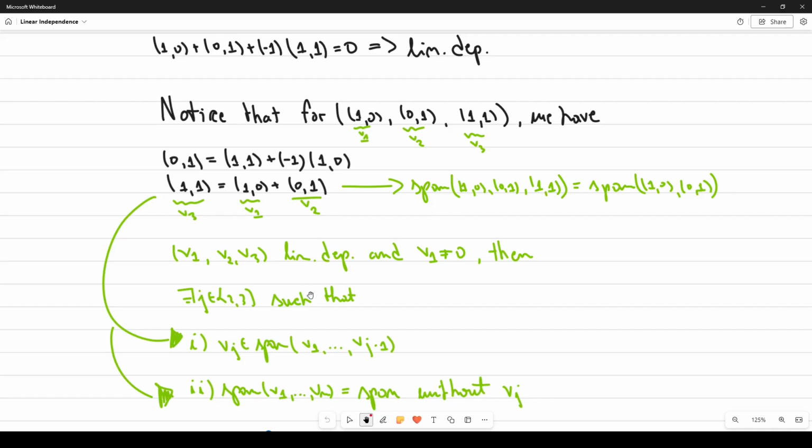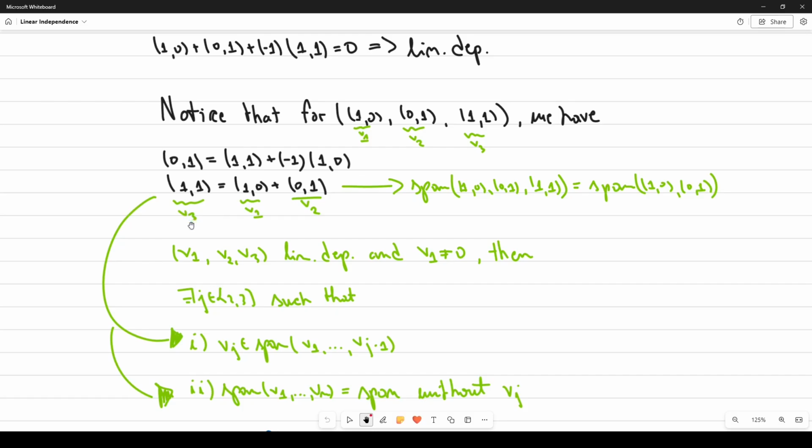To see that result a bit better, here we have that the ordered list of these vectors is linearly dependent, and our first vector is different from 0. Then there exists some index j from the numbers 2, 3, since our list is of length 3, such that the vj-th vector, in our case the third vector, belongs to the span of all the vectors that come before it.